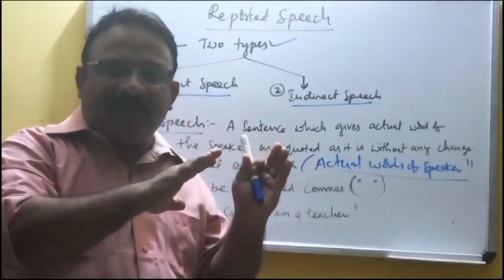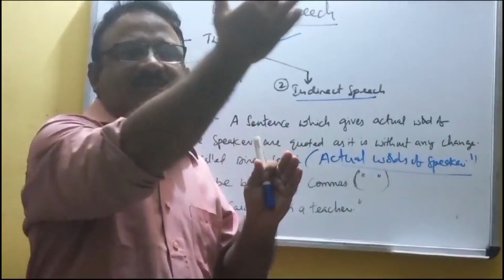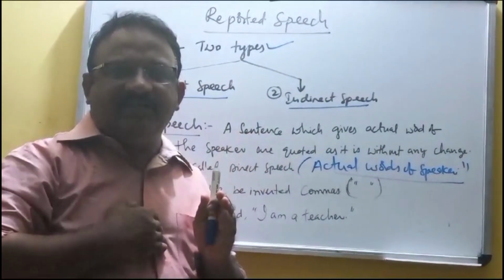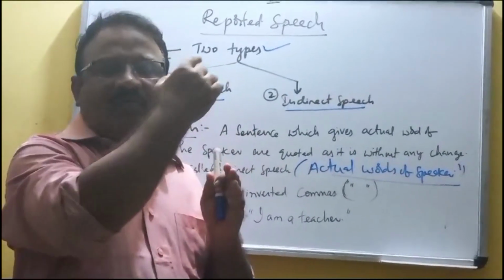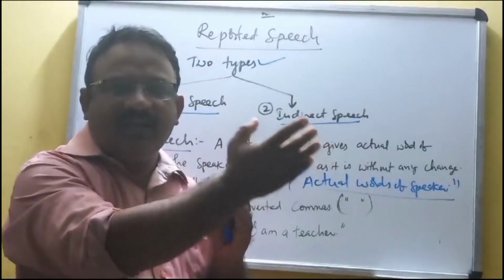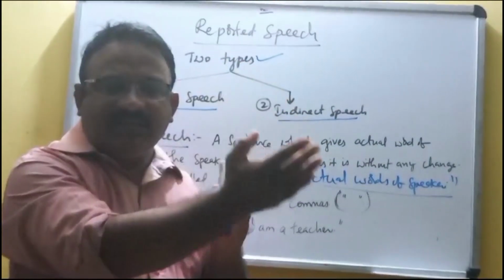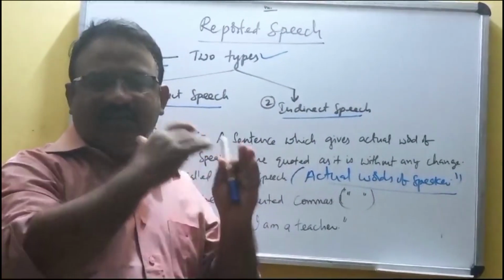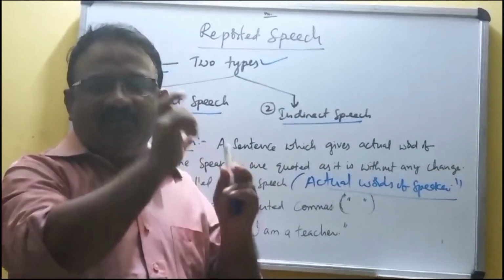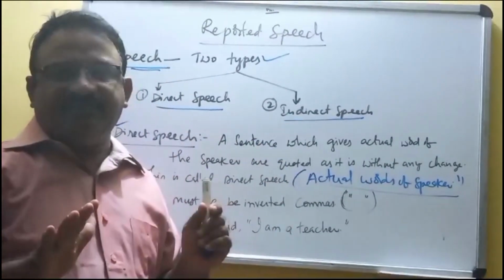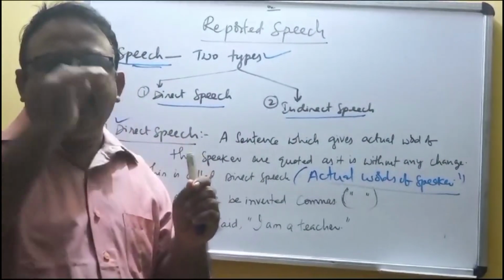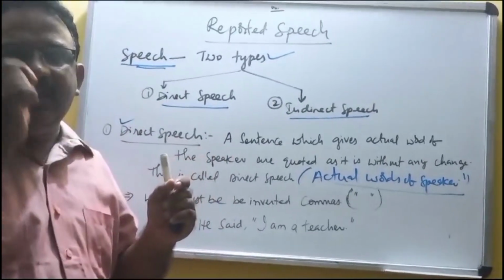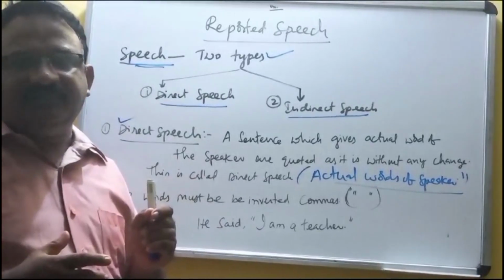If some other person is telling somebody without changing my words, what would he say? He said, I am a teacher. So without changing the words, if we say it, that is direct speech.